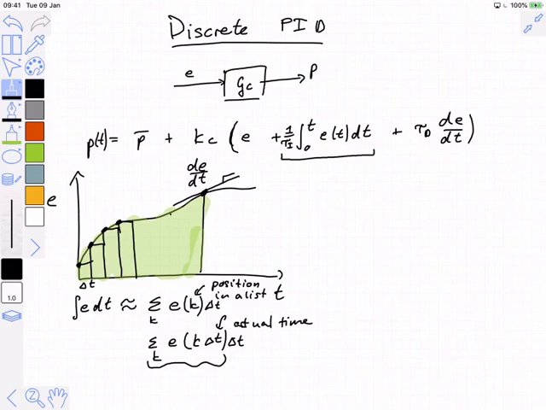And that's really straightforward. The second challenge that we have is to approximate the derivative. Now, I want to make it clear that this assumes that we are at some current time. The way we would read the expression of the analog version is that we are updating at a particular moment in time, the current time. It is inappropriate for us to develop an expression which needs me to know future values of the error.